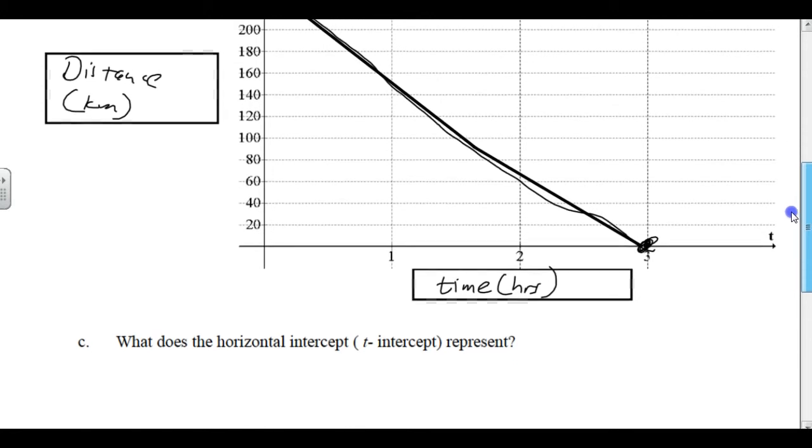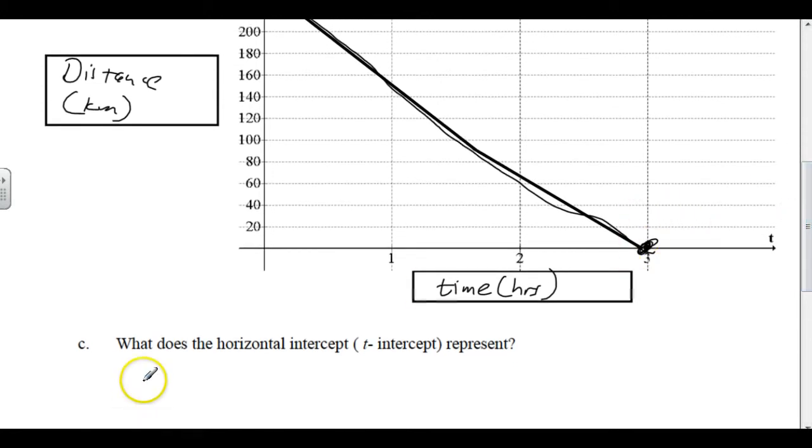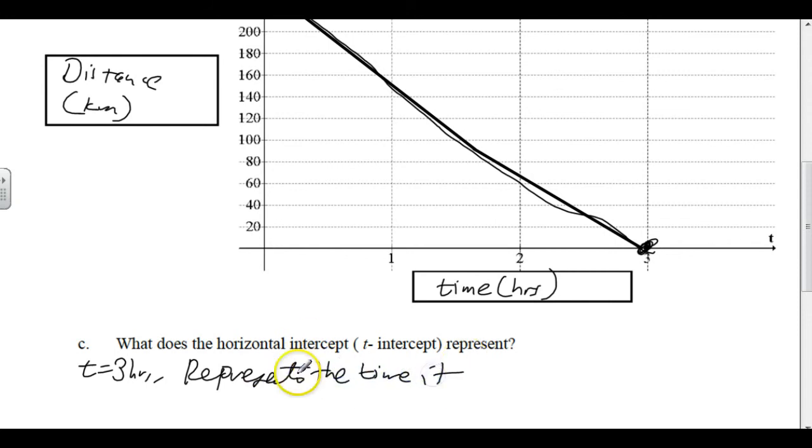What does the horizontal intercept, the t-intercept, represent? Okay, so the t-intercept, t is equal to 3 hours, represents the time it takes to get to Calgary.